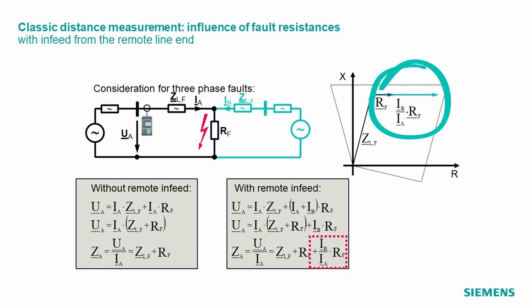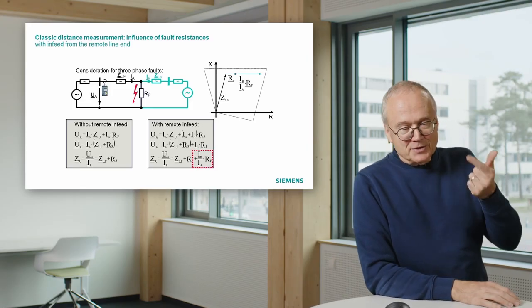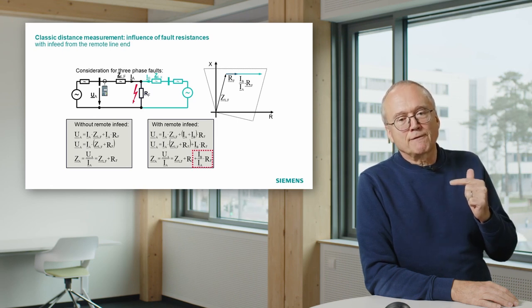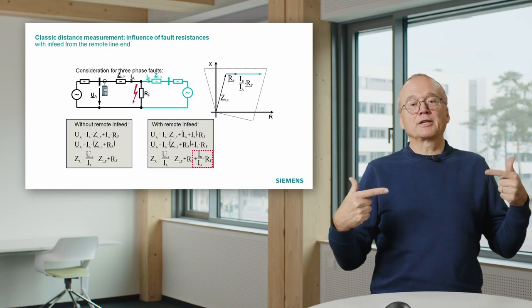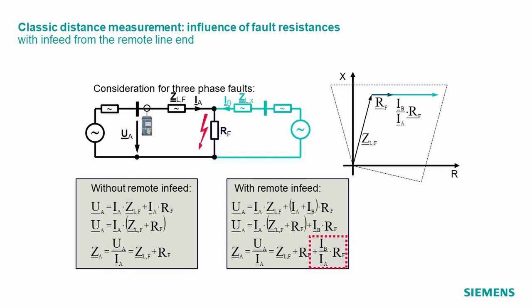And that's only one part of the story. It goes even further. These quantities here are complex quantities. That means the ratio can become complex if the phase angles of the currents from both sides are different. And if this ratio becomes complex, you do not only have to add a horizontal error, it can turn the whole thing a little bit.